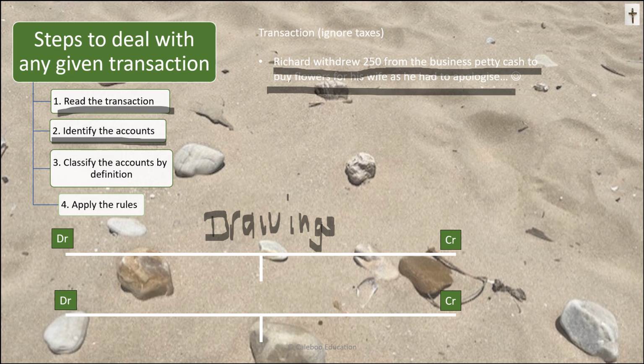Now this 250 Rand was taken from the petty cash account. Petty cash is money that's kept on the premises to pay for small items, maybe coffee, tea, those type of things. But the owner here has taken 250 Rand for his personal use. So one account is drawings and the other account is petty cash.